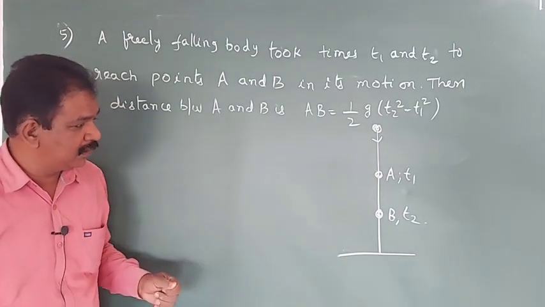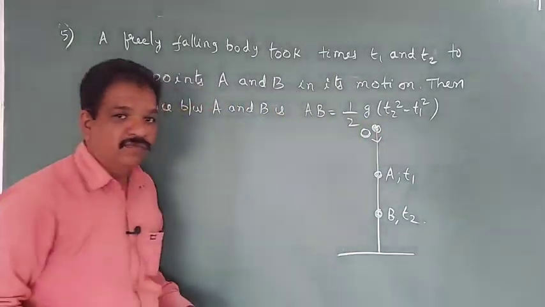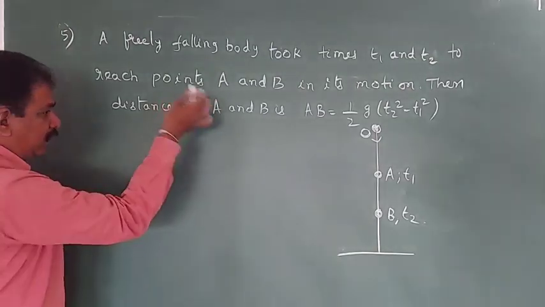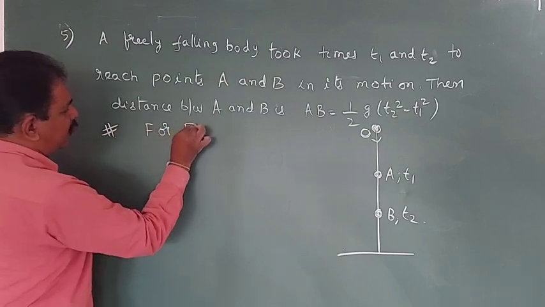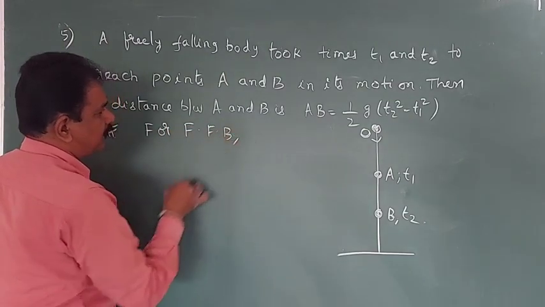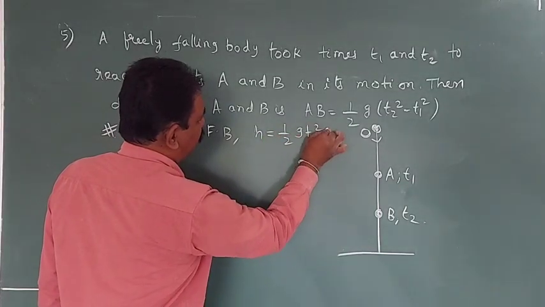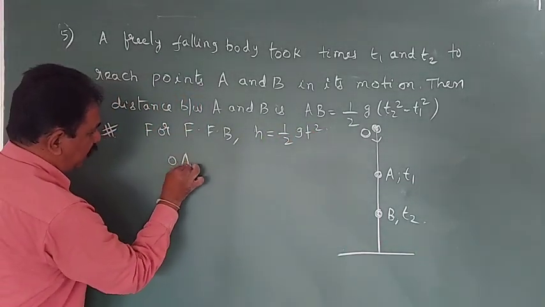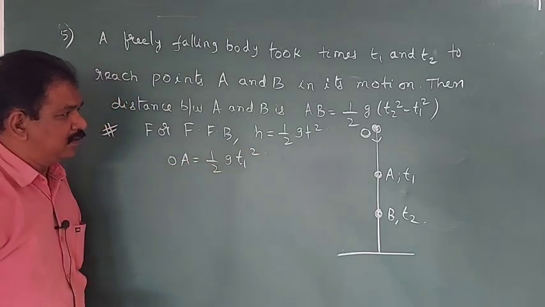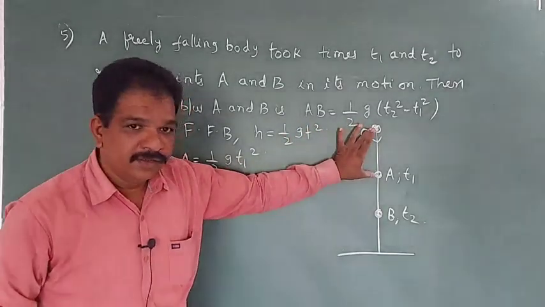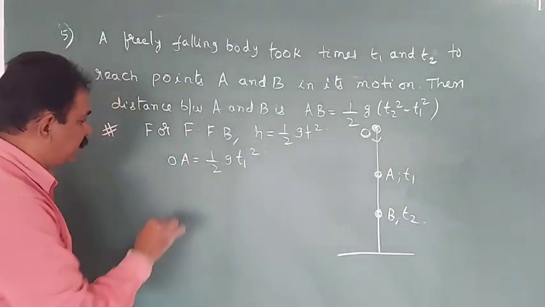How did that come? See, I am assuming the starting point is O. Then for a freely falling body, H is equal to half G T square formula. Here OA is equal to half G T1 square. Here to here, this distance is half G T1 square because the time is T1.